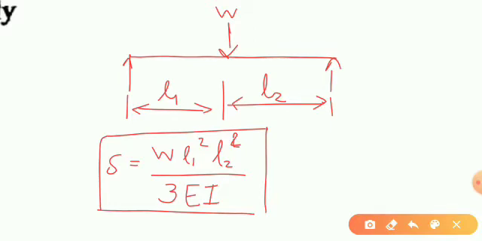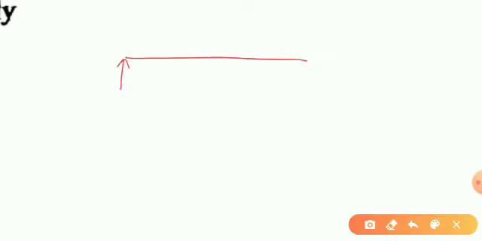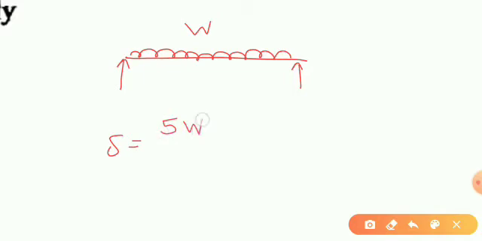But the same for static deflection due to a uniformly distributed load for a simply supported beam: if the load is a UDL, W per meter, the static deflection is given by 5 W L raised to 4 divided by 384 EI.